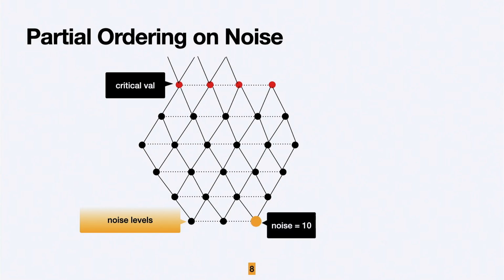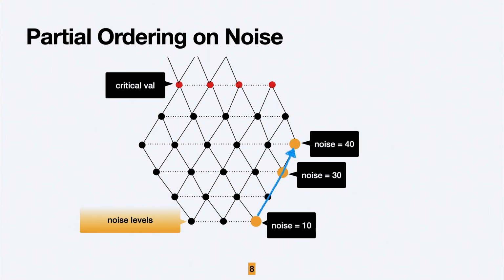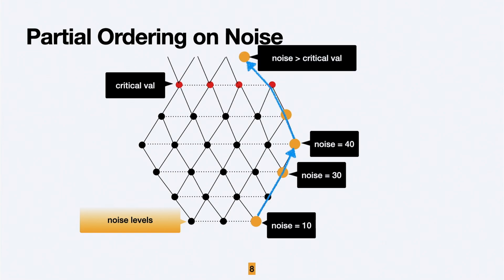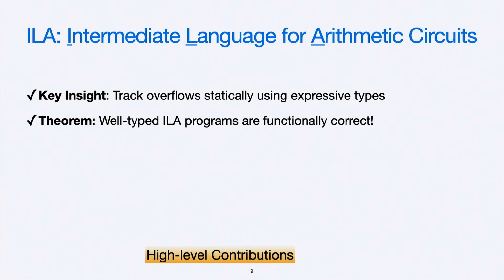For example, if we have a variable of type 10 and another variable of type 30, and we add them together, the result will be of type 40. With more and more homomorphic operations, the noise grows, and once it goes beyond the critical value, we don't get any valid decryption. This is our key insight for now.